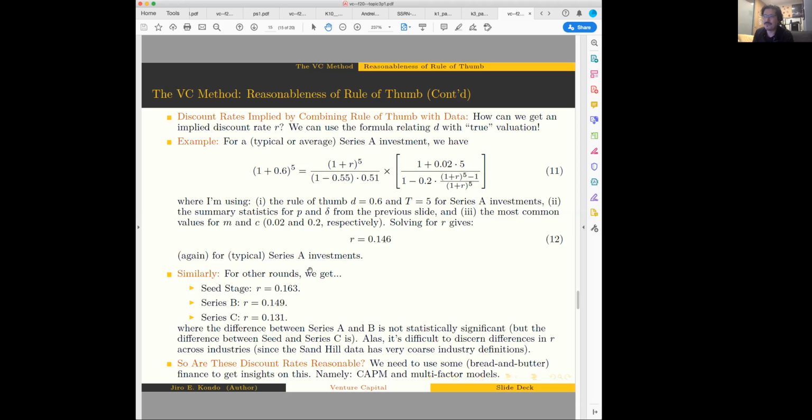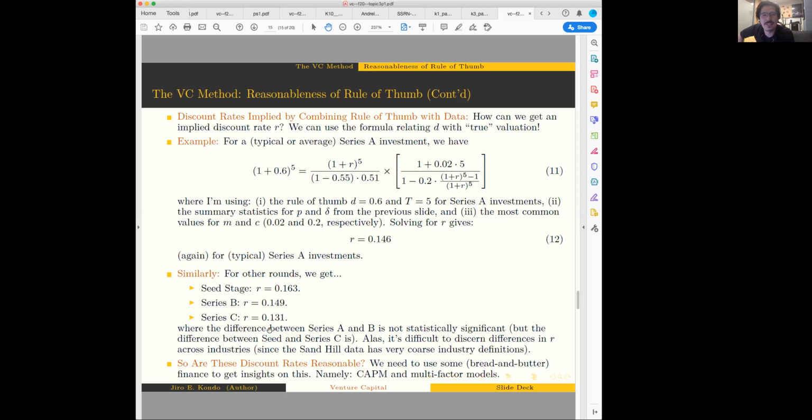And indeed, if you do the statistical test of the hypothesis that the seed stage R is equal to the Series C R, which you can also do, you reject the hypothesis that they're equal to each other.